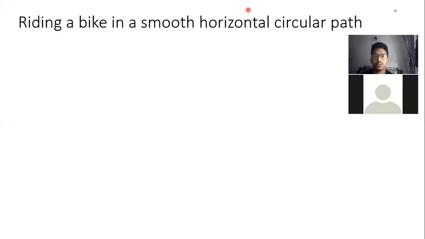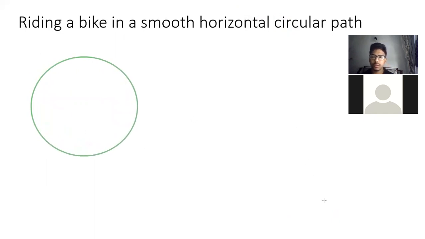For example, now I can view this circular path from the sky or from above. So it will look like this. So this is viewing from the top, from above the path.